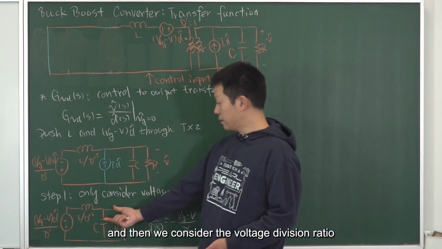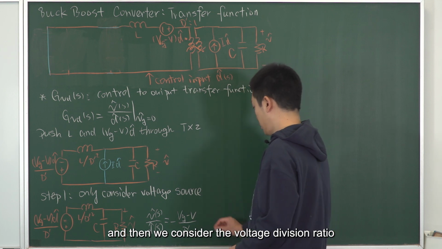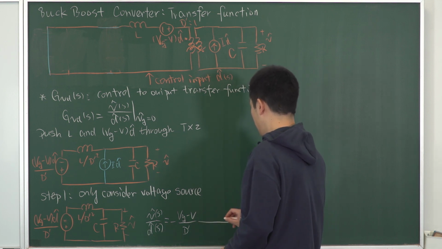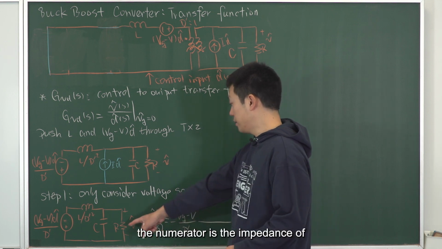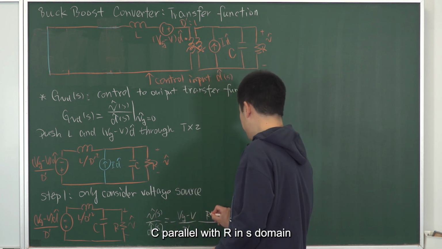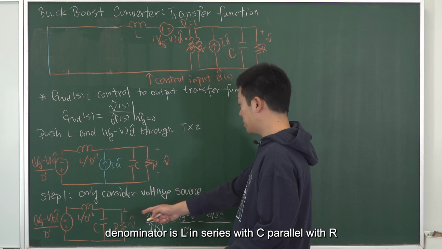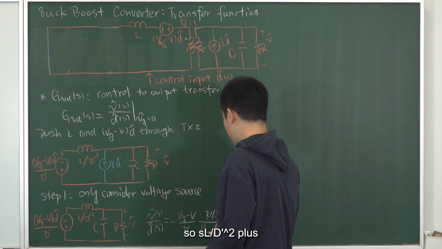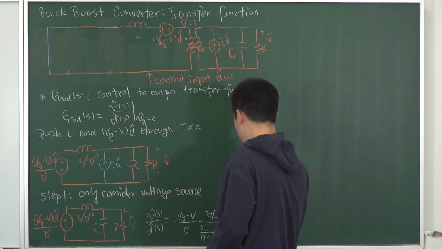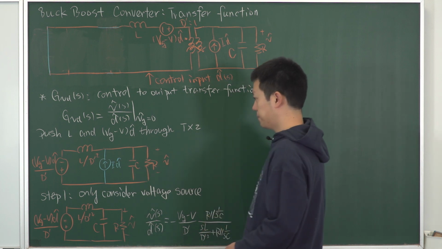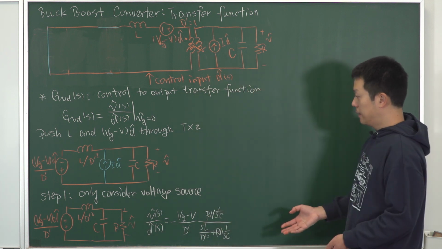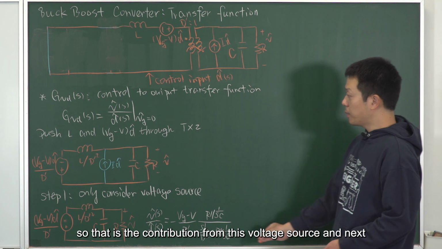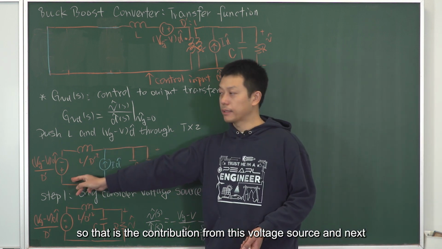And then we consider the voltage division ratio. The numerator is the impedance of C parallel with R in S domain. Denominator is L in series with C parallel with R. So SL over D prime square plus R parallel with C. So that is the contribution from this voltage source.